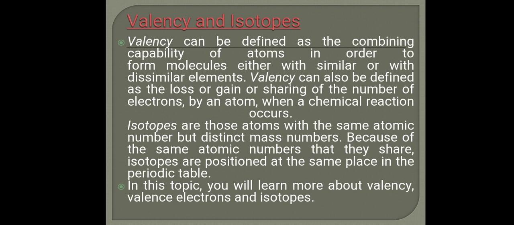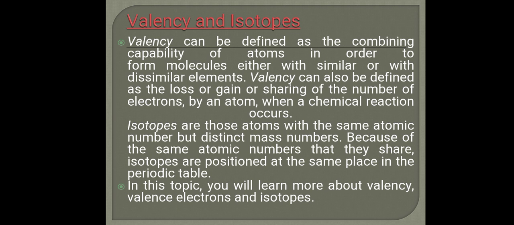Valencies and isotopes. Valency can be defined as the combining capability of atoms in order to form molecules either with similar or with dissimilar elements. Valency can also be defined as the loss or gain or sharing of the number of electrons by an atom when a chemical reaction occurs.